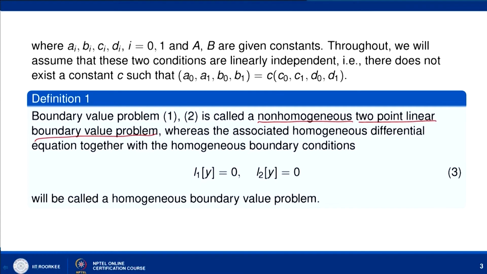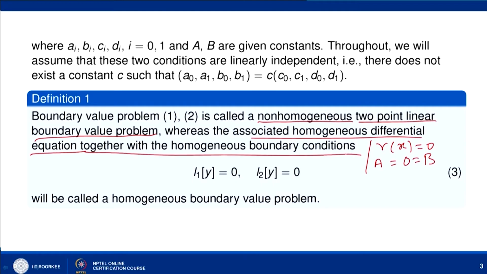But if we consider that R x equal to 0 and A equal to 0 equal to B, we call it a homogeneous boundary value problem. So, the associated homogeneous differential equation together with the homogeneous boundary conditions, that is L1 y equal to 0 and L2 y equal to 0, will be called a homogeneous boundary value problem.